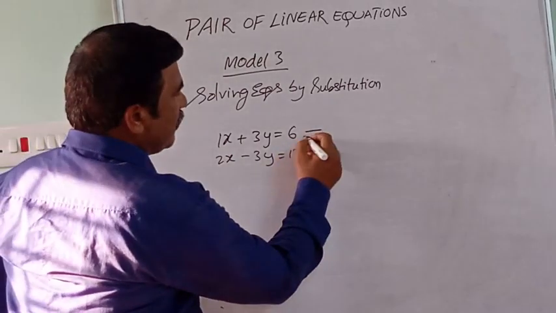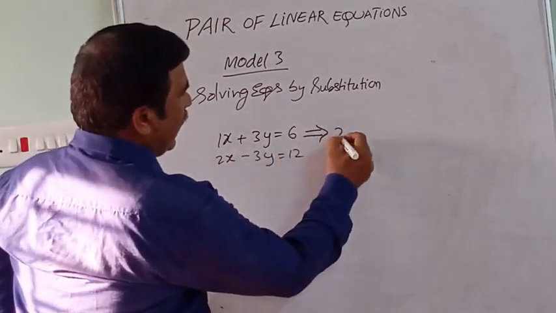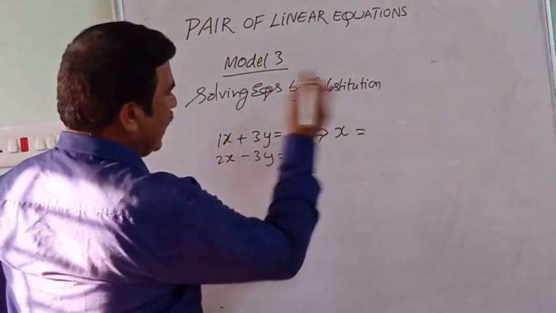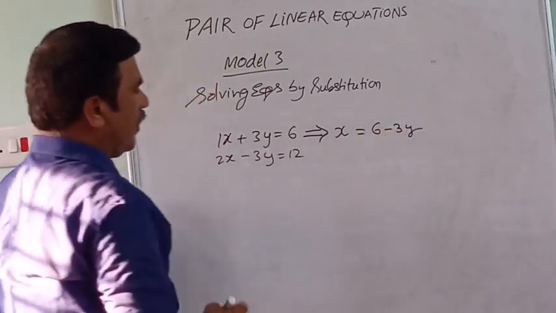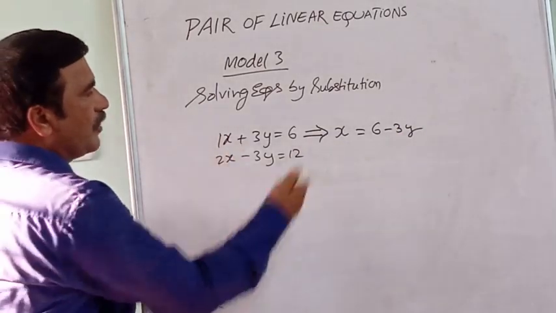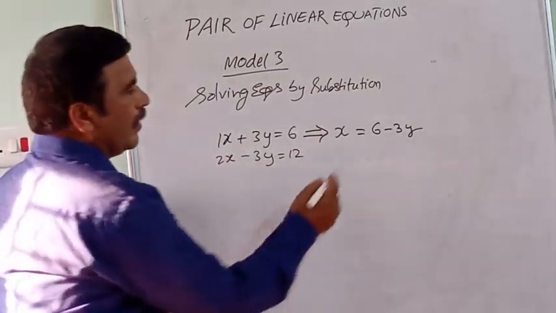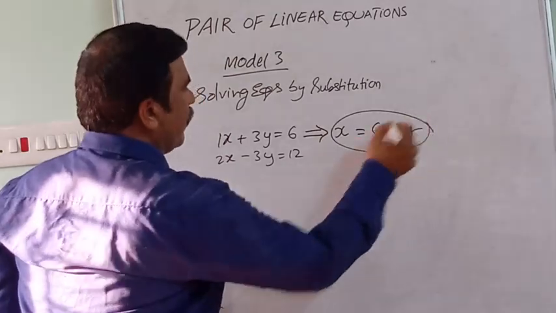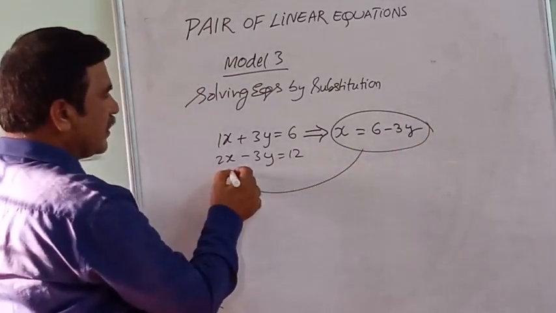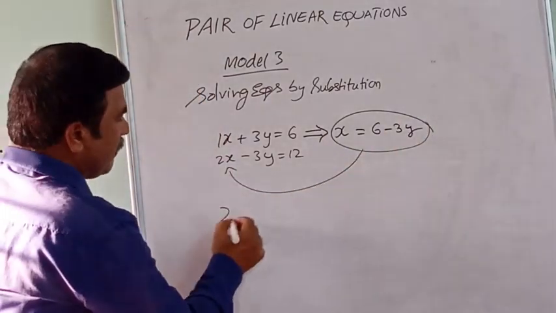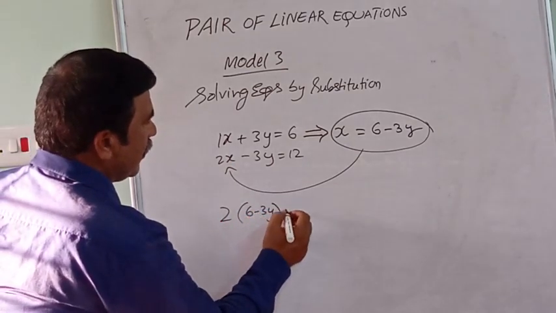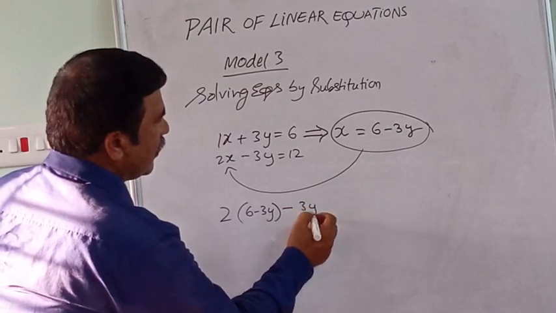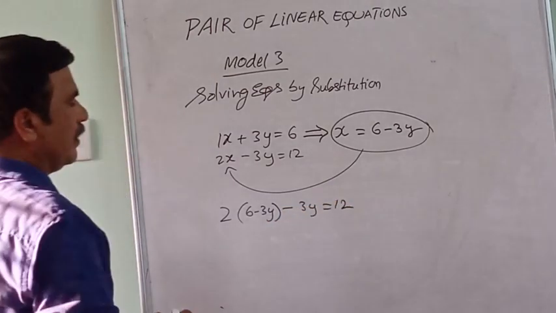See, from equation 1, take x on the left side only, send y to this side, it becomes 6 minus 3y. X is equal to 6 minus 3y. Substitute this x value in place of x in the second equation. Then it becomes 2 into 6 minus 3y minus 3y is equal to 12.